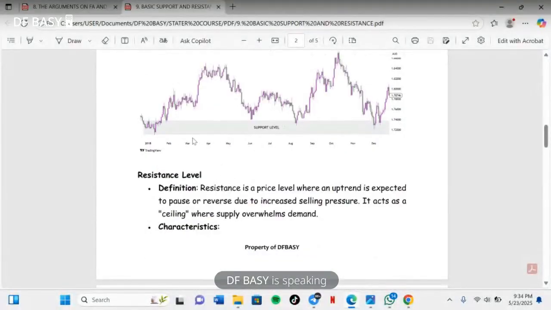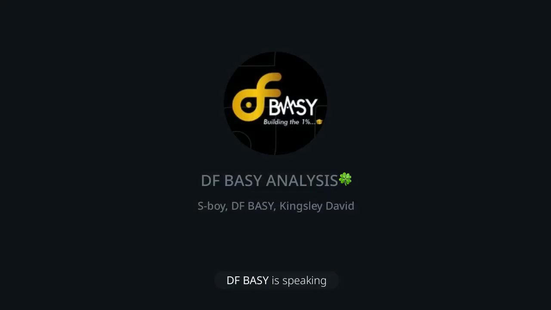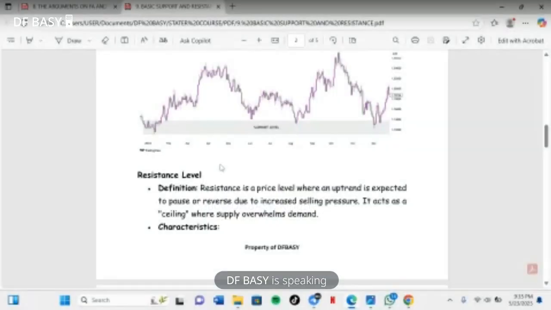For something like this, this is a clear support zone. Market came back, tapped, and once it taps, you can buy. Came back again, tapped, you can buy. Came back again, tapped. It respected that zone severally. The zone has to be respected twice to make a support zone. Then the third touch on the support zone is a valid entry.